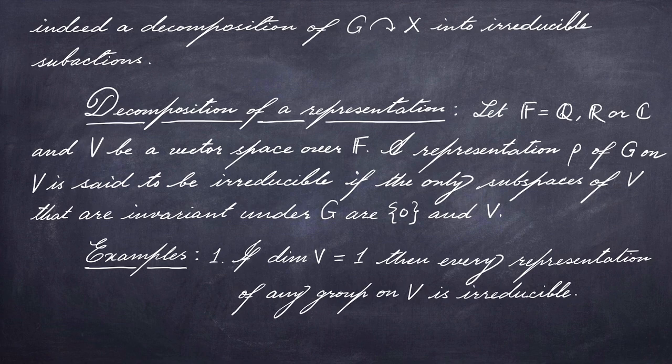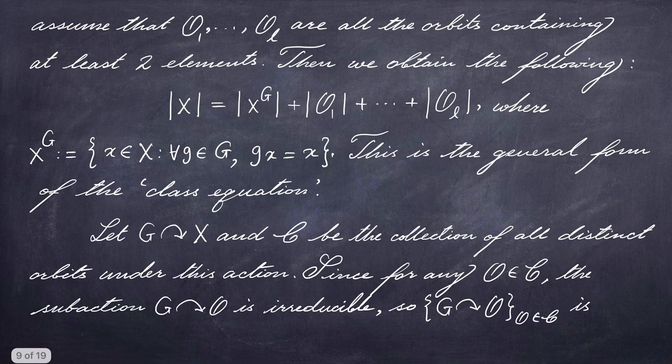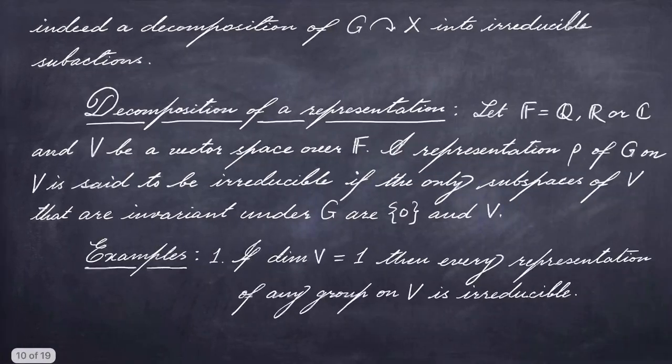Remember that when X was finite, this partition has to be finite, but otherwise this need not be finite. This collection could be huge. So what we have done is we have given an action of a group on a set, and we have split that action into many irreducible parts. That's all we have done so far.